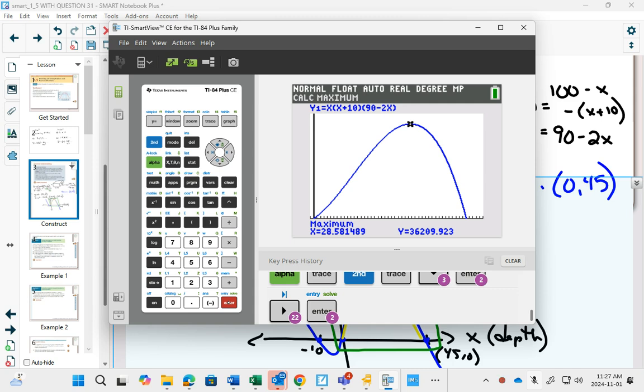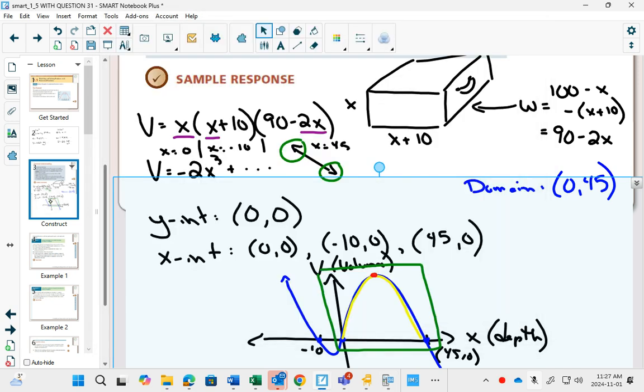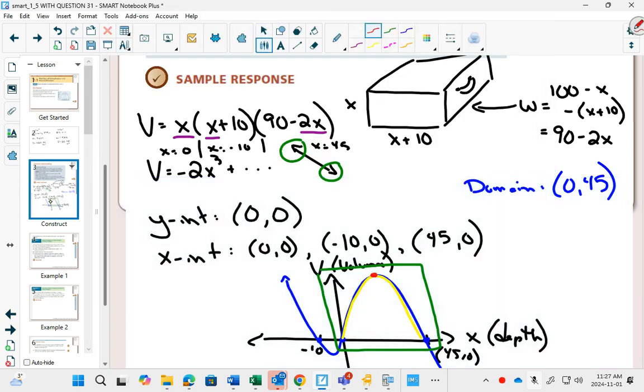Push enter again. And it finds our maximum happens to be 28.58 with a volume of 36,209.923. Wow, am I going to remember those numbers? 28.581, comma.